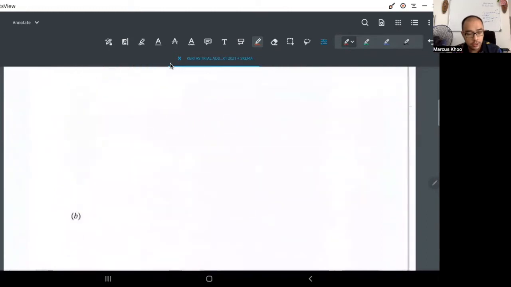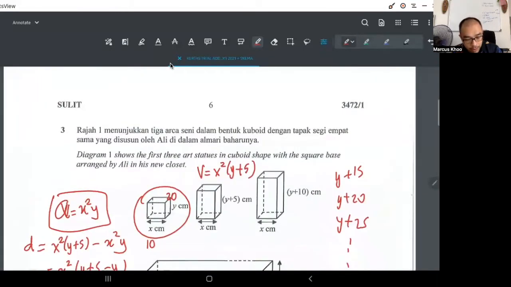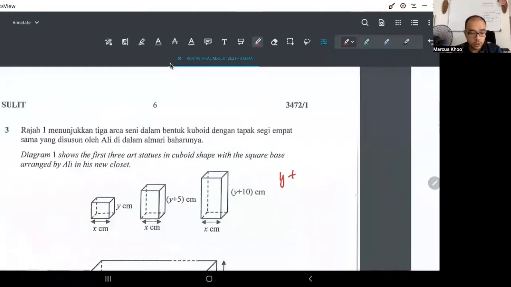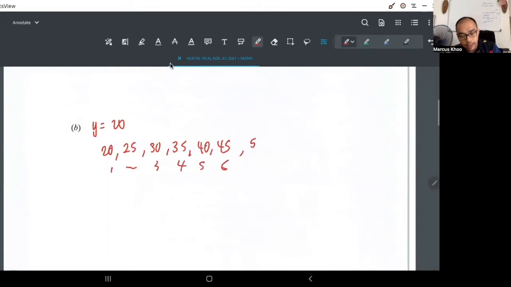We know that y equals 20, from question A. So the height of the first one is 20. If the first one is 20, the second one is 25. Then you go into the 10th one. You list them out: 30, 35, 40, 45, and count 1, 2, 3, 4, 5, 6, 7, 8, 9, 10.